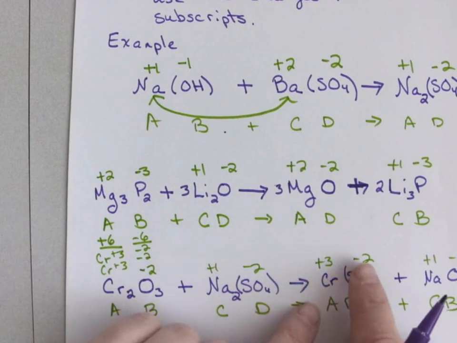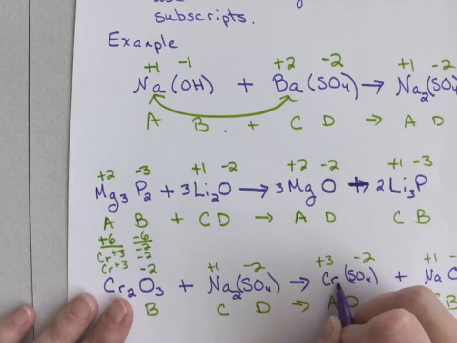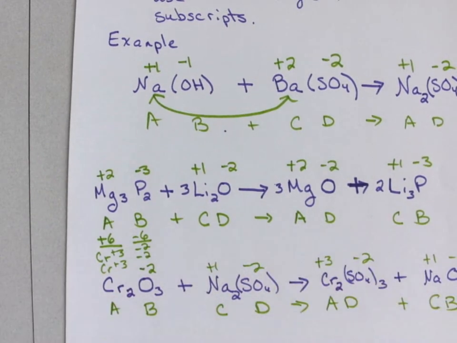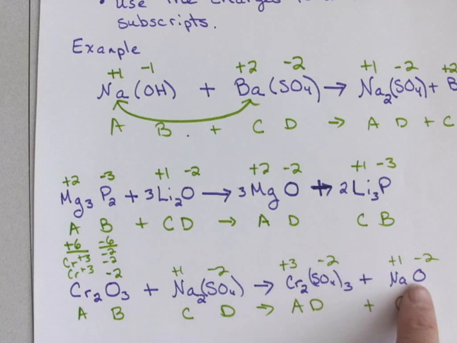And then if this is a +3 and this is a -2, each of them is going to have to equal 6, so we'll need 2 chromiums and 3 sulfates. Okay. Don't change anything inside the parentheses, just put the 3 outside. Sodium is +1, oxygen is -2, so we're going to need 2 sodiums to make that be neutral, equal 0.